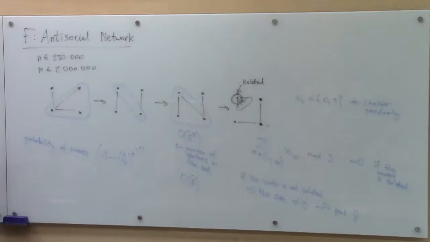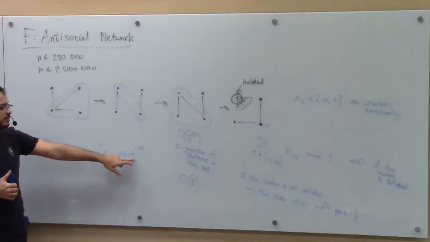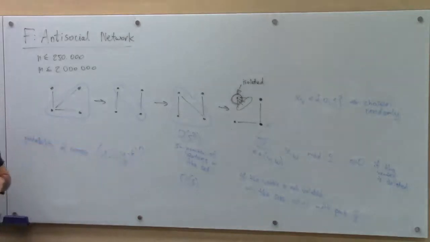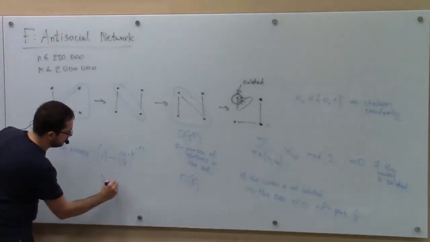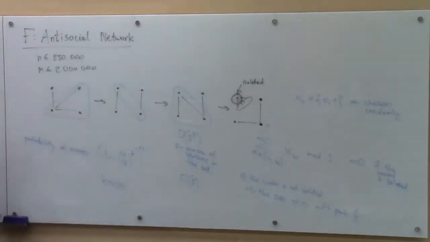But like we said in the problem of couriers, if the number k is around 30, then even for a big number n, the probability of success will be very big.